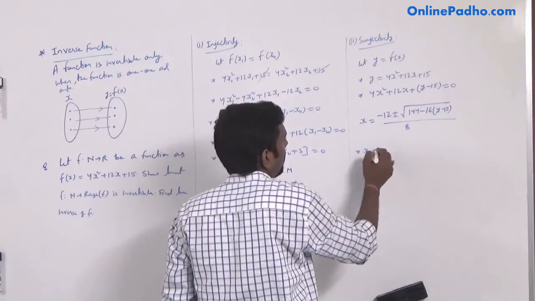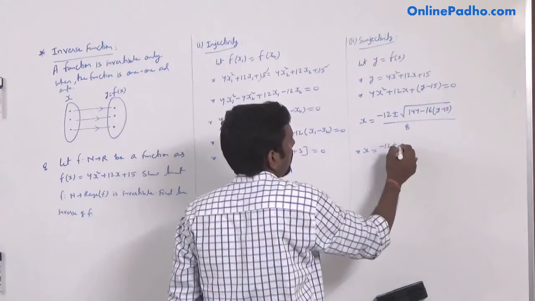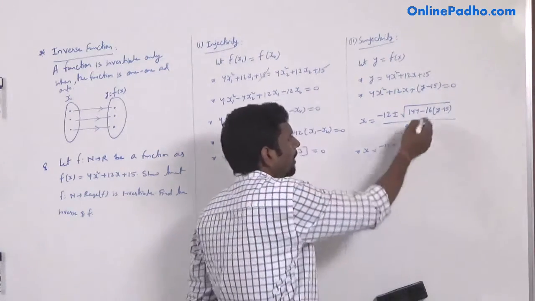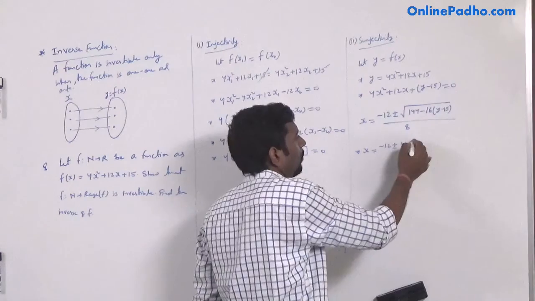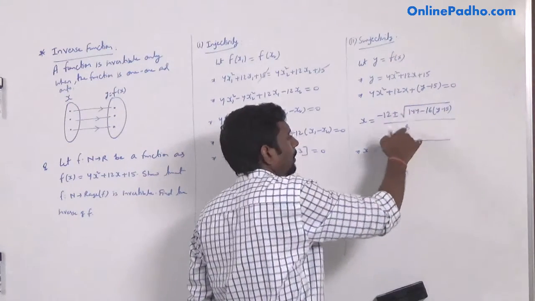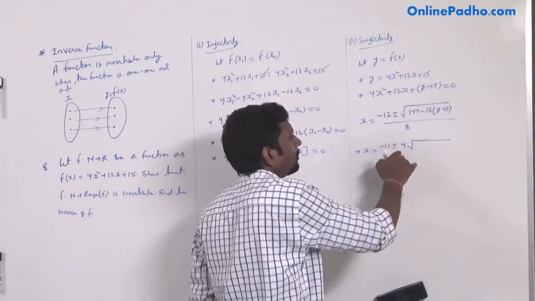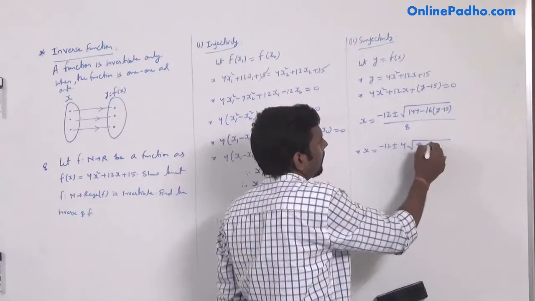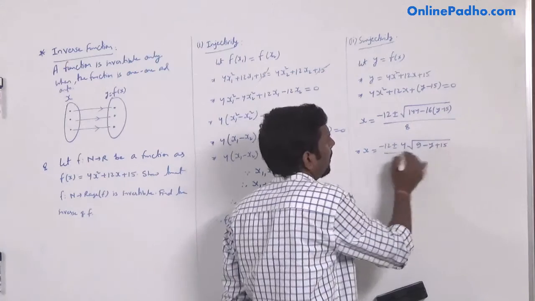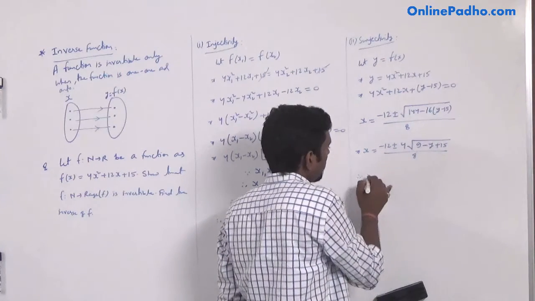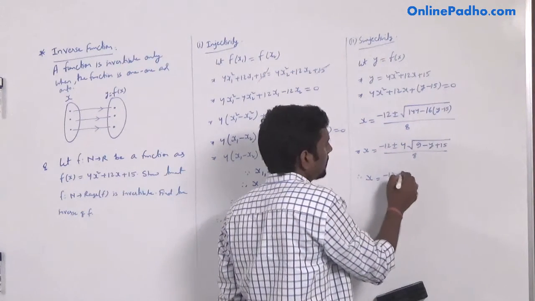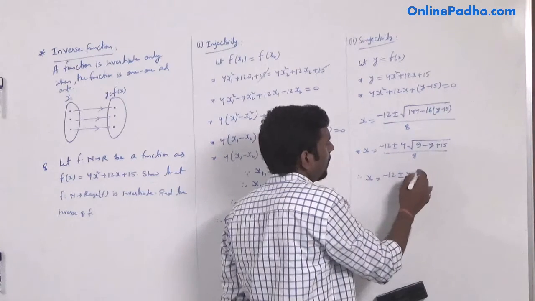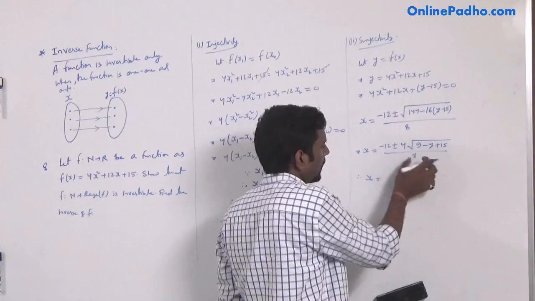So x can also be written as minus 12 plus minus square root of, if you take 16 common, it becomes 4 outside the square root, 9 minus y plus 15, divided by 8. So x can be written as minus 12 plus minus 4 multiplied by, we can take 4 common to cancel the denominator.